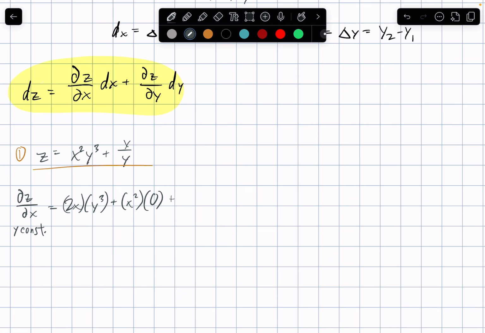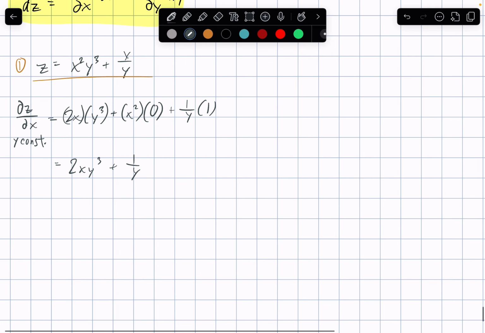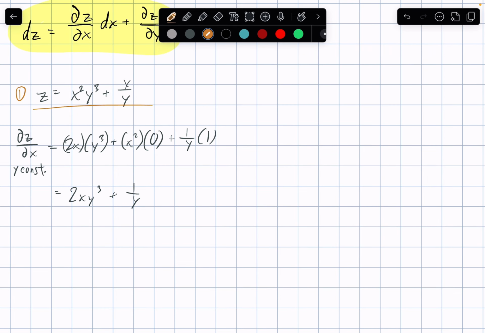Or I think the better idea is, since y is a constant, we can rewrite the fraction as 1 over y times x. We're going to set aside the constant basically. And the derivative of x is going to be 1. So simplify to 2xy cubed plus 1 over y. Okay, so this is our partial z over partial x.